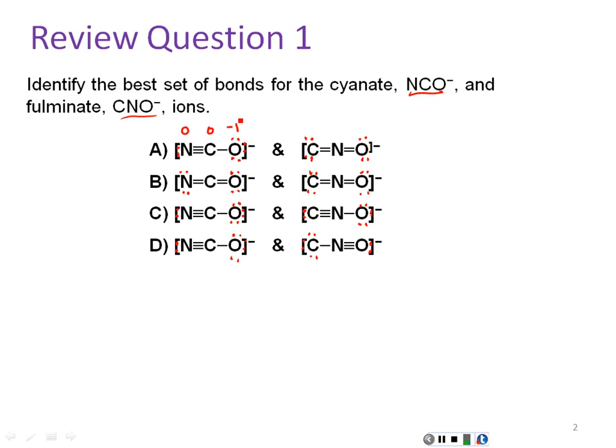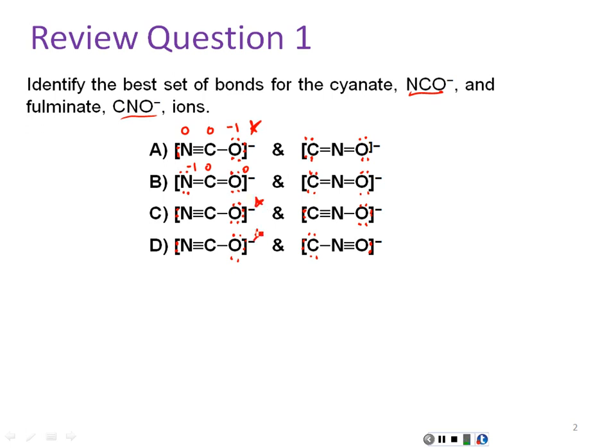And the structure shown in B will have nitrogen with a -1 formal charge, carbon 0, and oxygen 0. So with this, choosing between those two, which would you pick? You want the negative formal charges on the most electronegative element, and that would be oxygen. So the best choice would be A, and that's the same as in C and D.